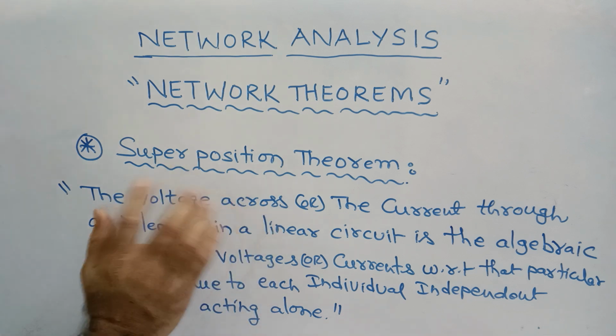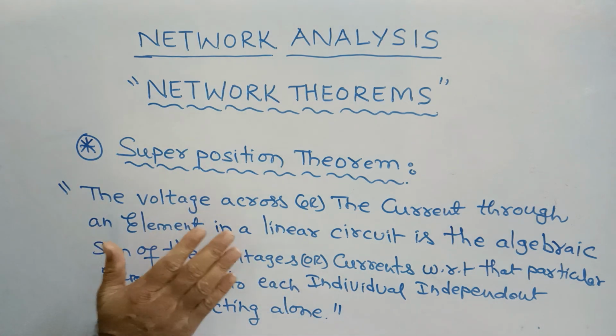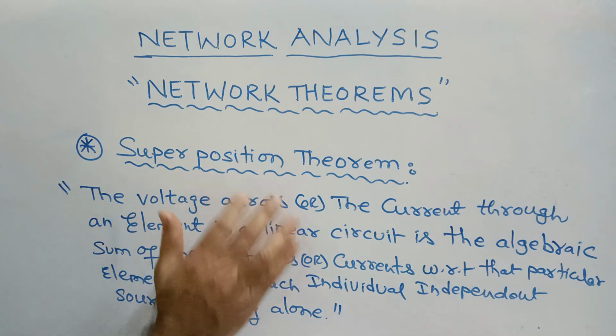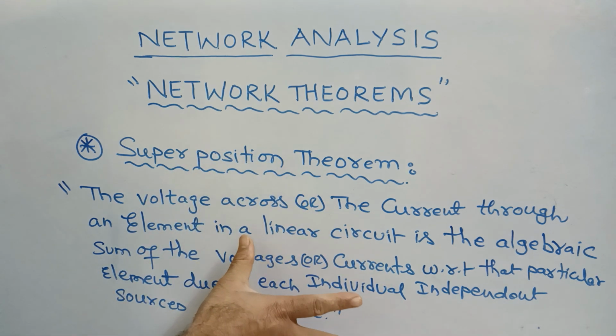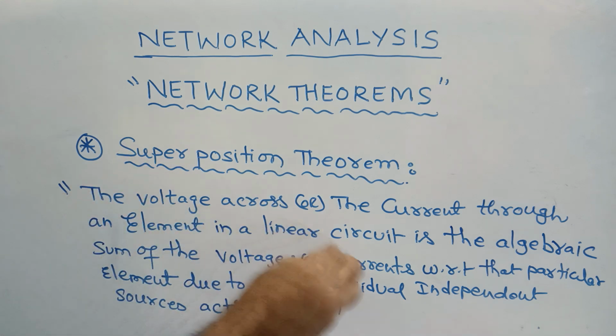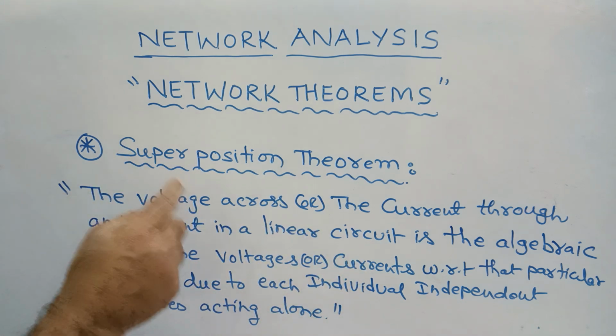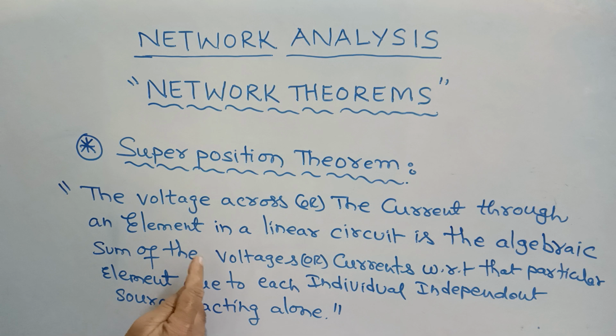At a time we have to consider one particular source, and the rest of the sources can be switched off. So if three sources are given, we have to consider the first source and then the remaining two will be removed.